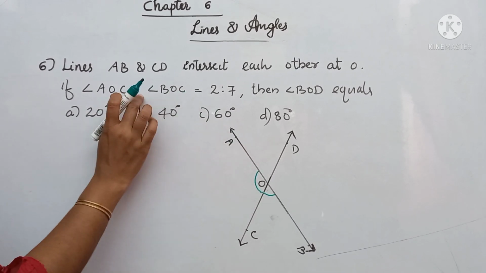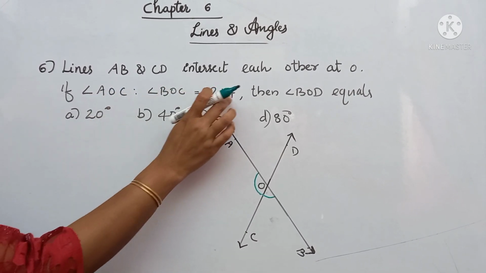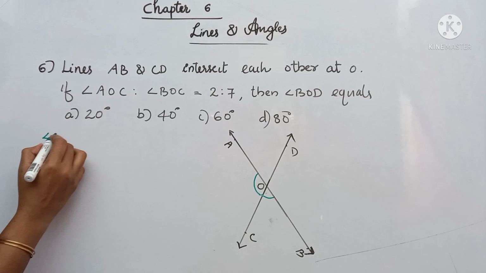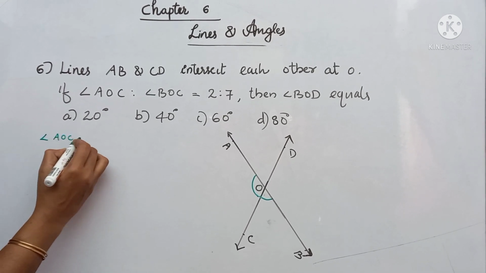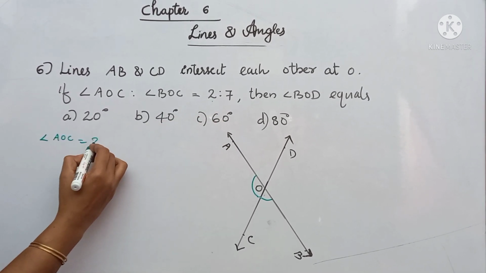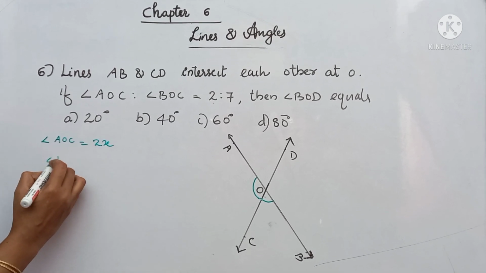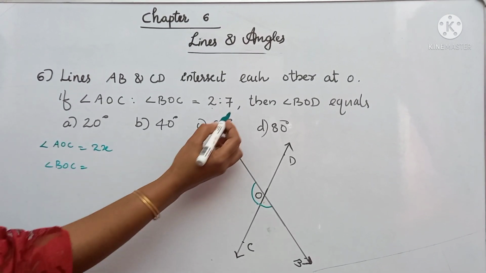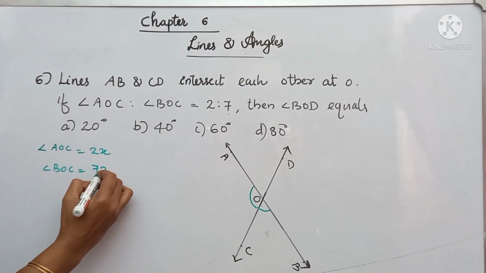Then this ratio is given, 2 is to 7. So we can take angle AOC is equal to 2x and angle BOC is equal to 7x.